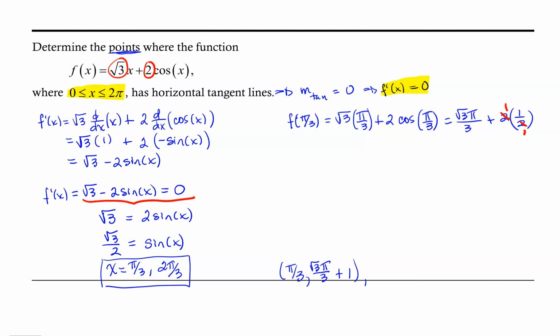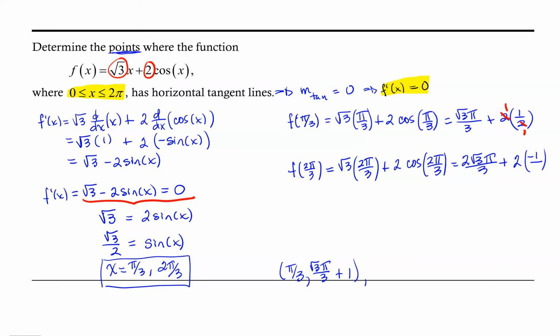And now let's figure out the y-coordinate for our second point. f of 2 pi over 3 equals square root of 3 times 2 pi over 3 plus 2 times cosine of 2 pi over 3. So this is 2 square root of 3 times pi over 3 plus 2 times cosine of 2 pi thirds.